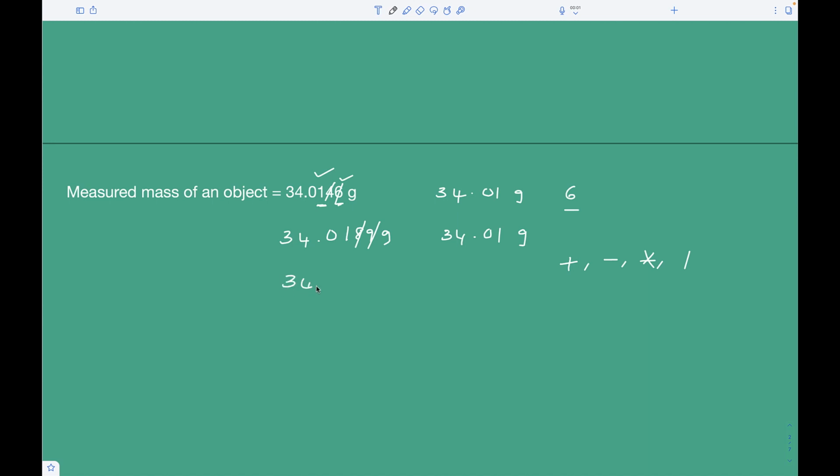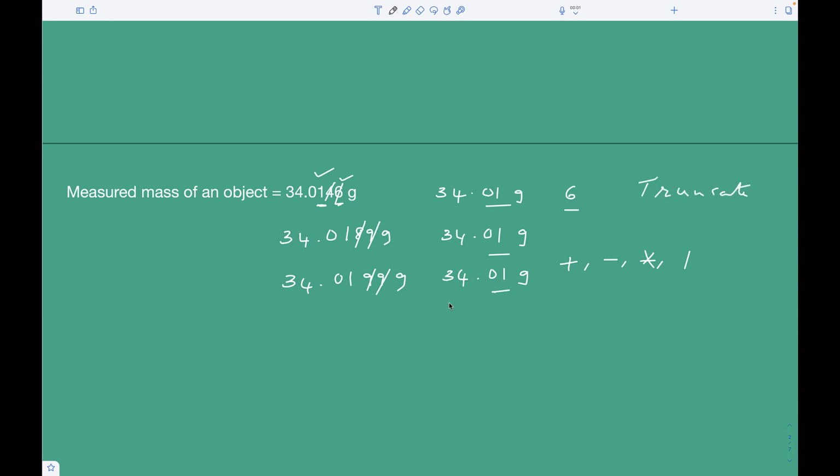Then what about 34.0199 grams? Again, you would chop off these numbers and make it 34.01 grams. So, in all these instances, because of this chopping, the value you are obtaining is always less than the value you have started with. And this process of chopping of digits from a number without worrying about anything else is called truncation.